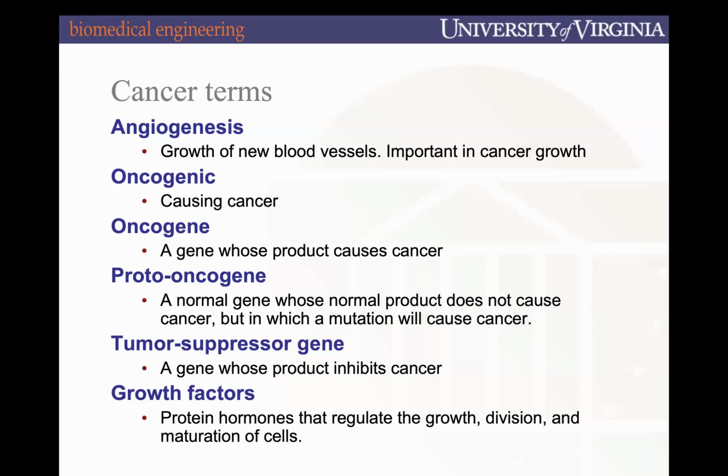So we refer to those mutated forms as the oncogene, and a lot of these proteins and genes are going to touch on lots of different diseases. So when we're sitting in the context of cancer, we refer to their normal state as a proto-oncogene and their mutated state as the oncogene. However, we might talk about them in a totally different context where we might not need to refer to their normal state as a proto-oncogene.